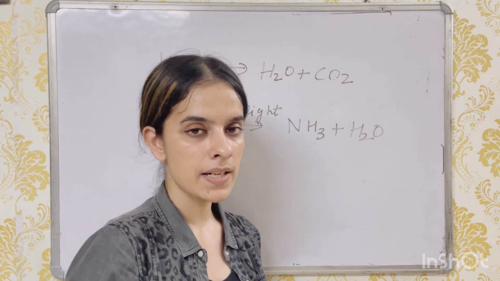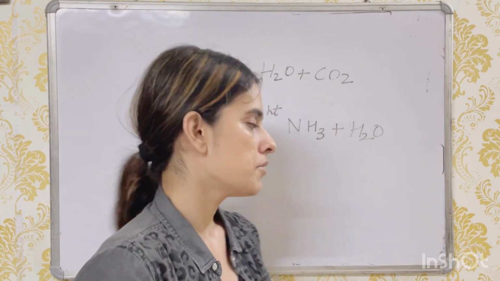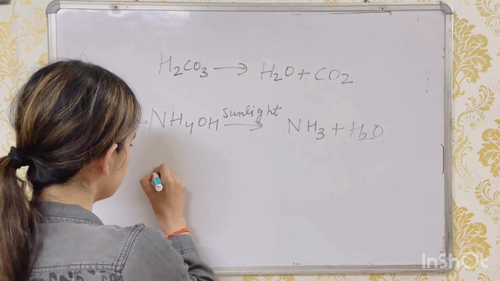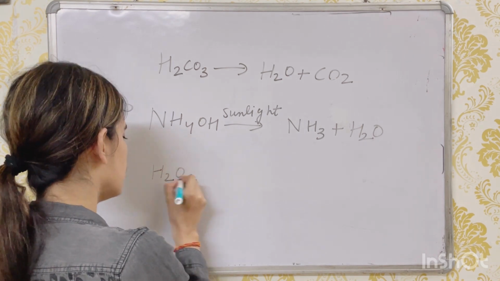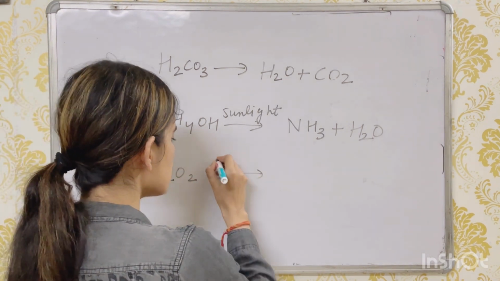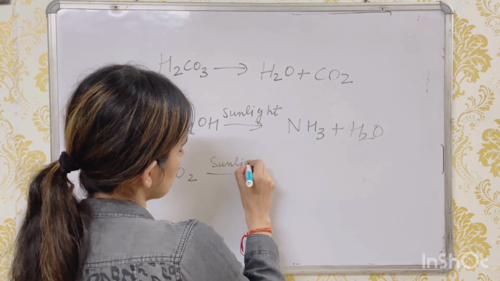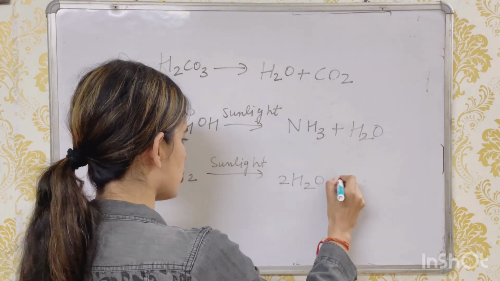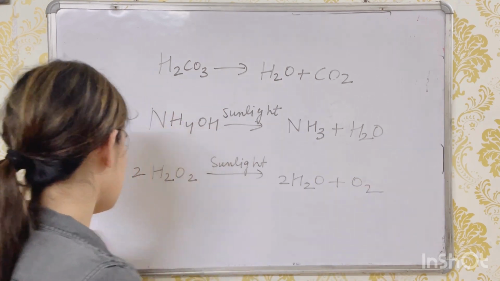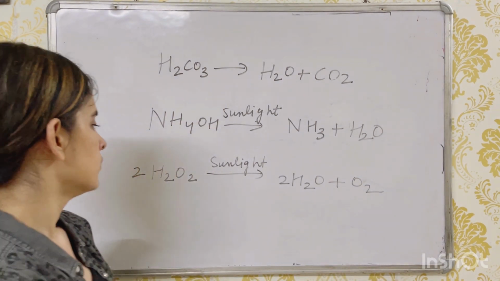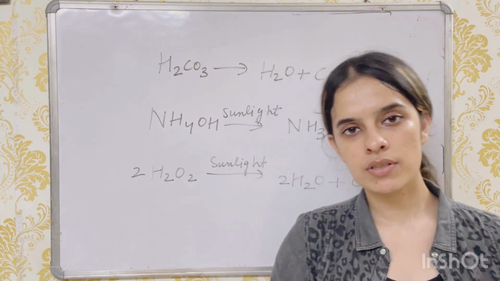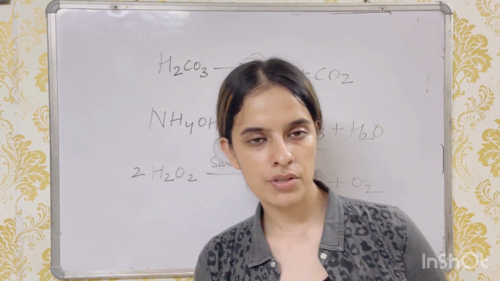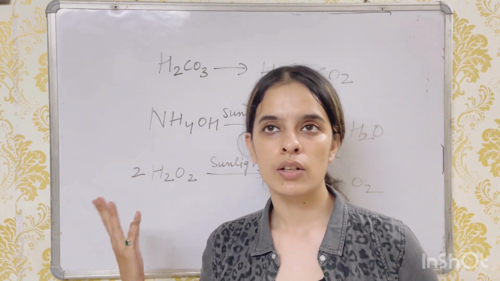This compound is very sensitive to sunlight. So when hydrogen peroxide, H2O2, is exposed to sunlight, it will also break down and result in the production of water and oxygen. So these are all some applications of decomposition reaction in the sodas, in the cold drinks.